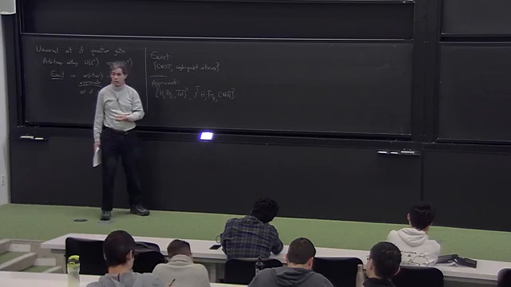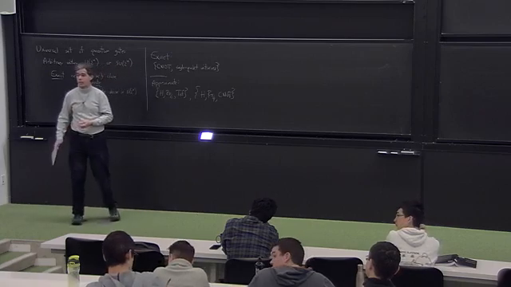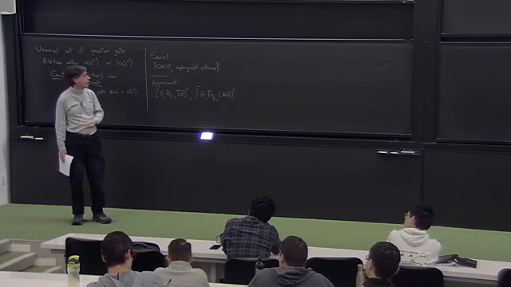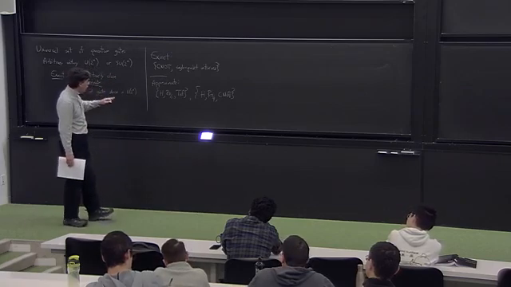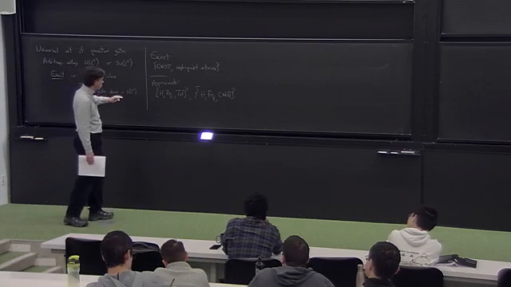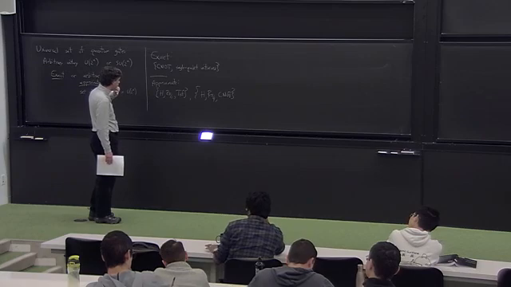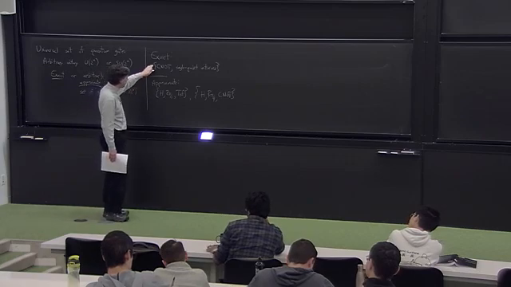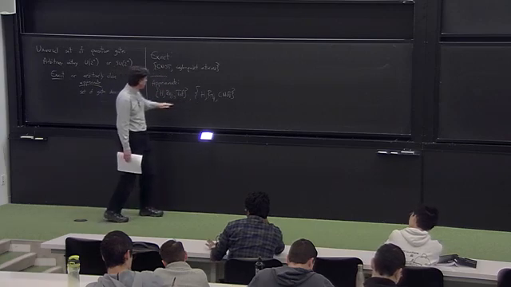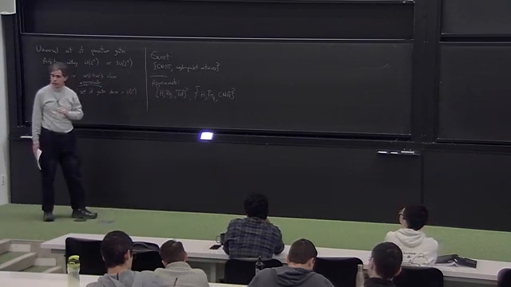OK. Yeah? Do I still need to be able to add ancillas? No. Well, let's see. Let me think. For a single qubit, in this case and in this case, you definitely do not need ancillas.